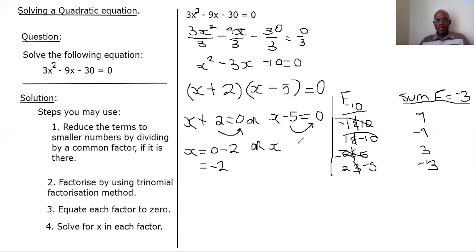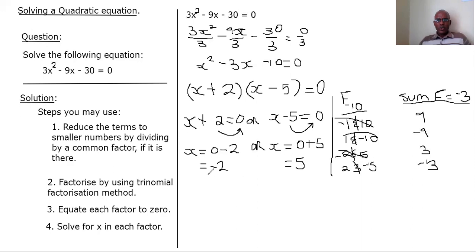When I transpose it, since it is negative, it becomes positive 5. Remember, when a number goes over the equal sign, it will take the opposite operation. So then my x is equals to 0 plus 5. We get 5.